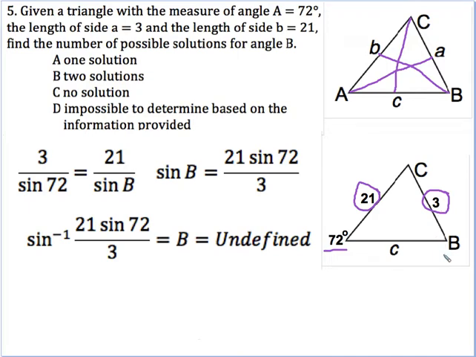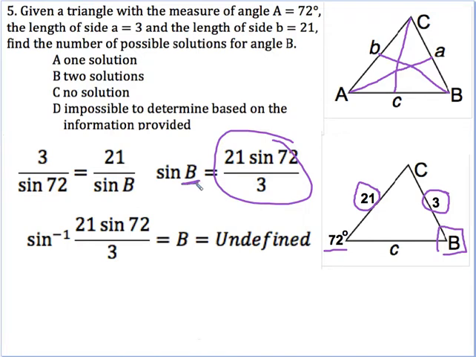Okay, we want to find angle B. So I set up my law of sines ratios. I get 3 over sine 72 equals 21 over sine B. I cross multiply and divide. I get sine B on its own, and everything else is on the other side of the equal sign.